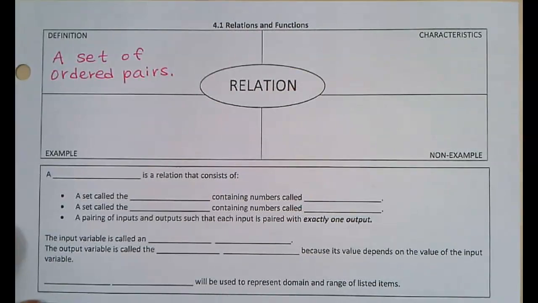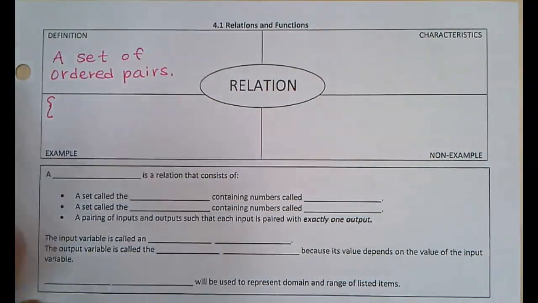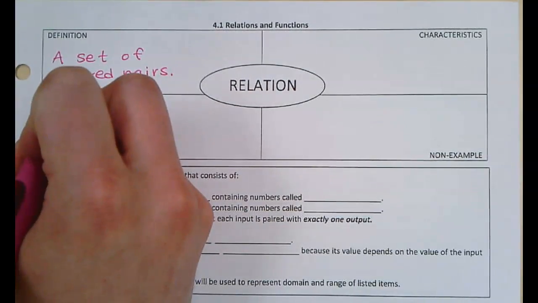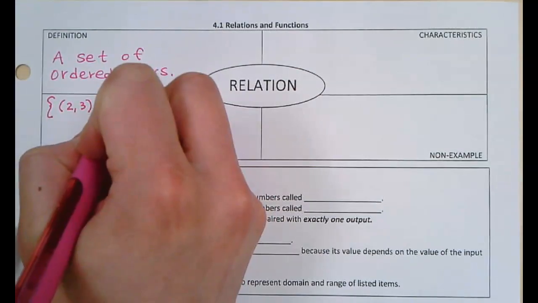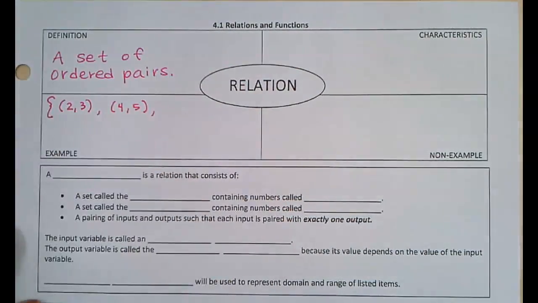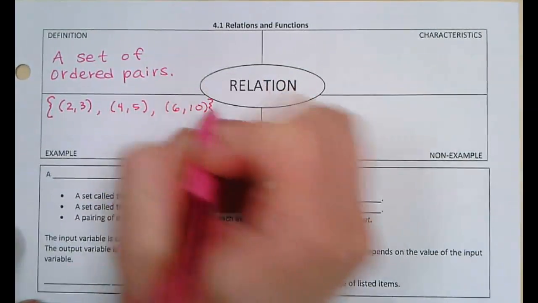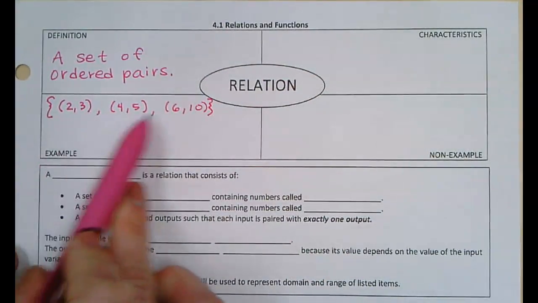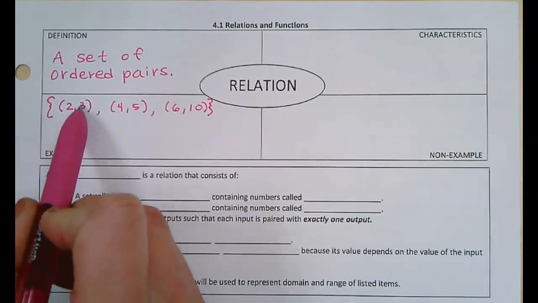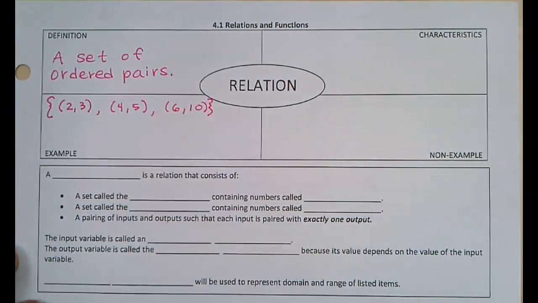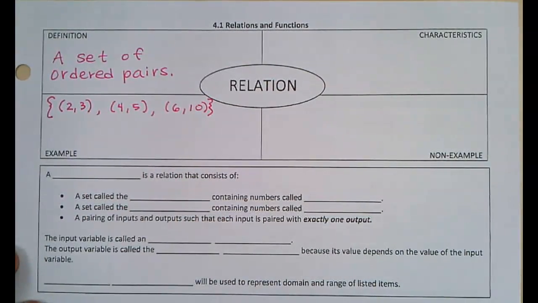An example of this would just be curly brace, the set of 2, 3, 4, 5, and 6, 10. So just ordered pairs, like if you would see them on a graph, this would be on the XY, 2, 3, 4, 5, 6, 10. So we could have a set here of ordered pairs.